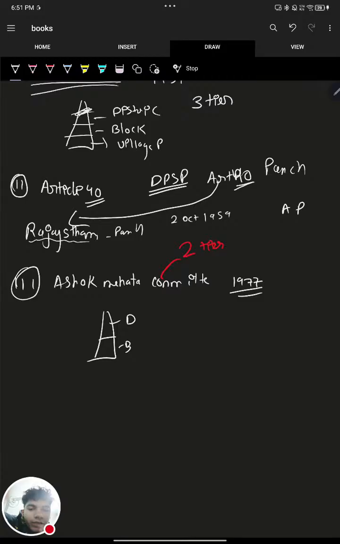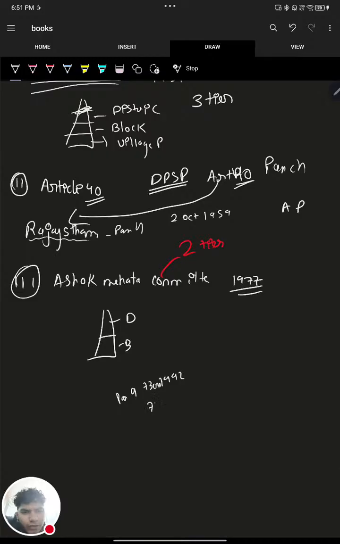He's saying that there is a relation between Panchayati Raj and municipality. Panchayati Raj, as you know, is in Part 9, the 73rd Constitution Amendment Act, and municipality is in the 74th Constitution Amendment Act.